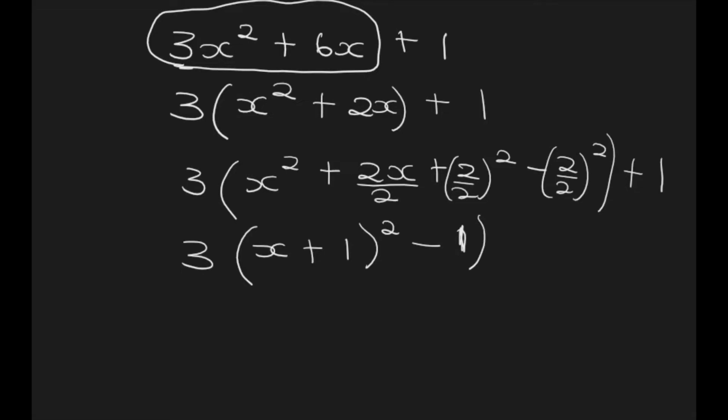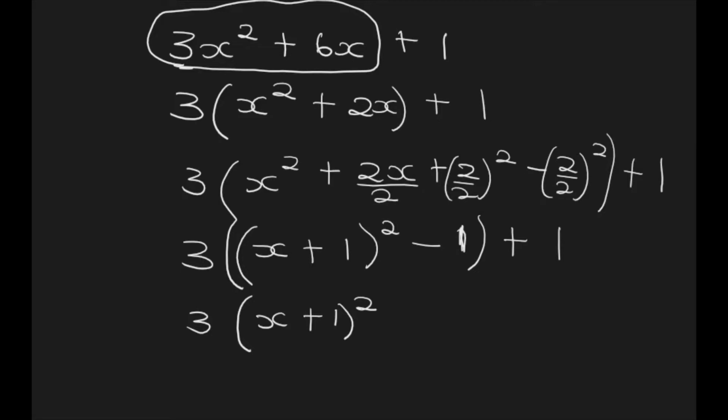But this is still one term, right? So we then say plus 1. But now we need to simplify. So we then say 3 into x plus 1 bracket squared. Then to remove this negative 1, we need to multiply it with the 3 that is outside.